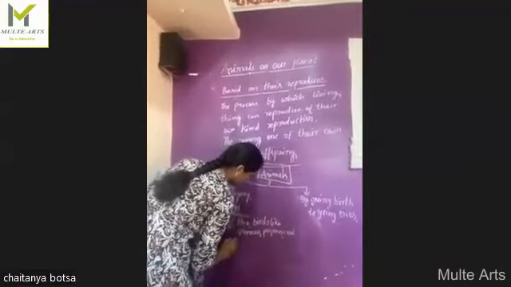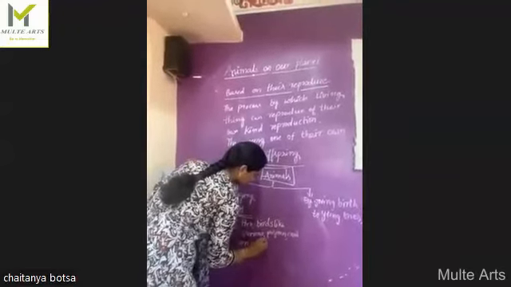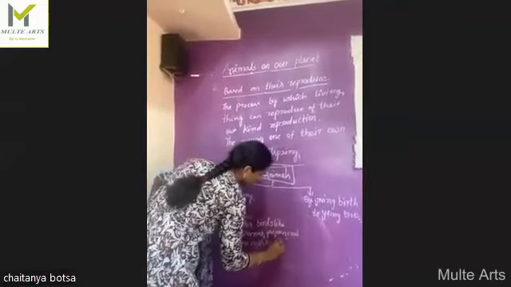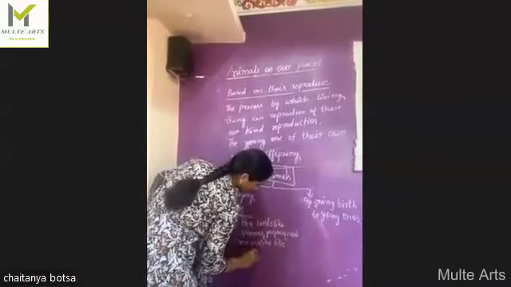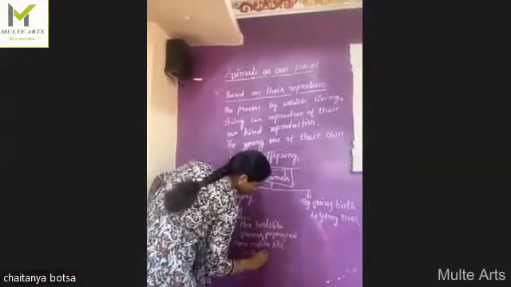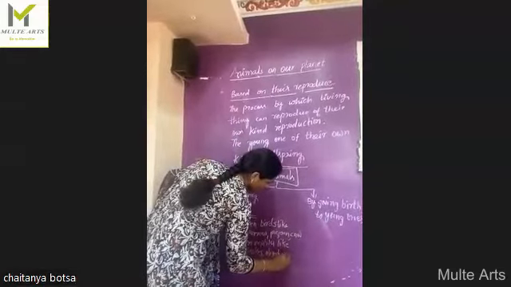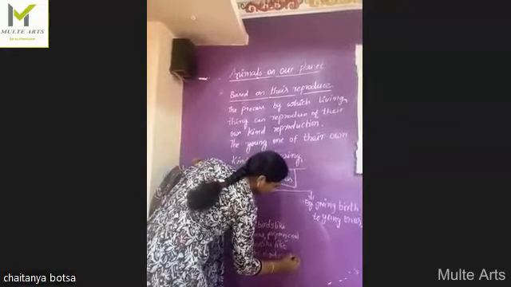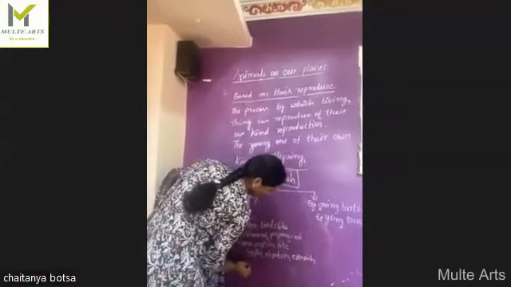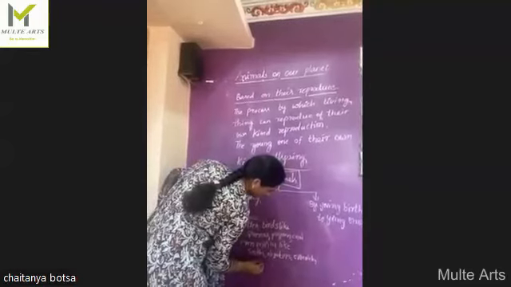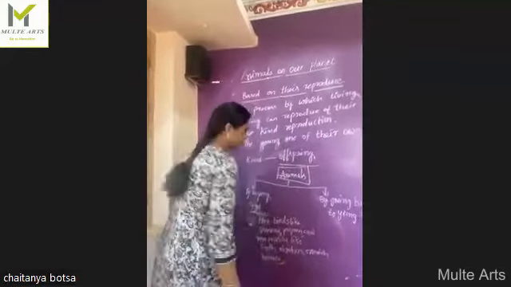Not only birds, even reptiles like snakes, alligators, crocodiles, tortoise. These type of animals reproduce by laying eggs.